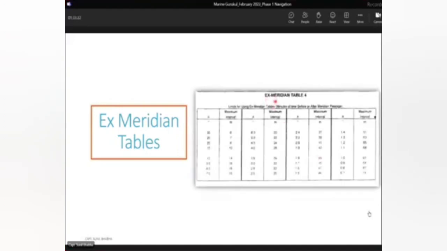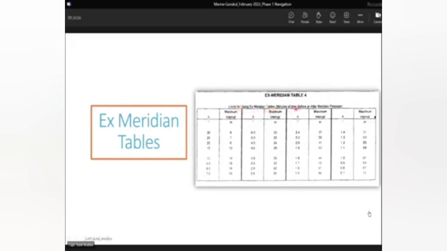You see the table number 4 on the slide now. This is X meridian table 4. In this table 4, we enter with the factor A, which we got from X meridian table 1. This table gives the limits for using the X meridian tables.